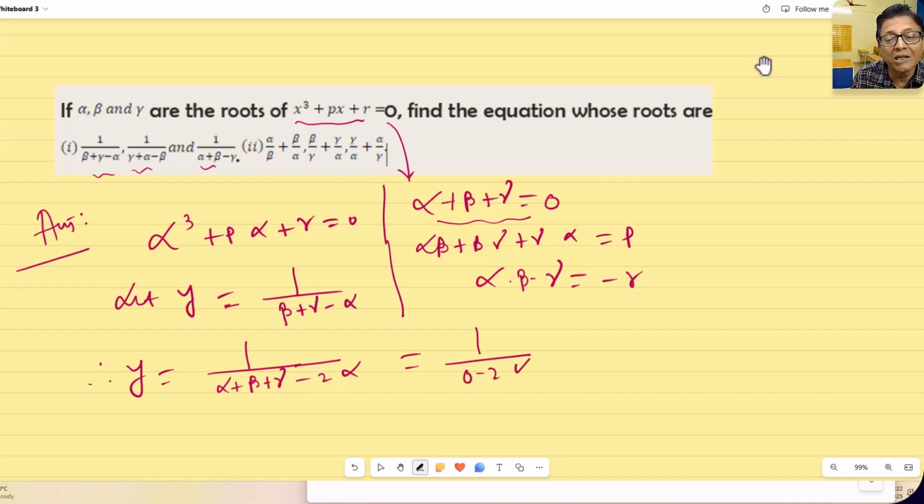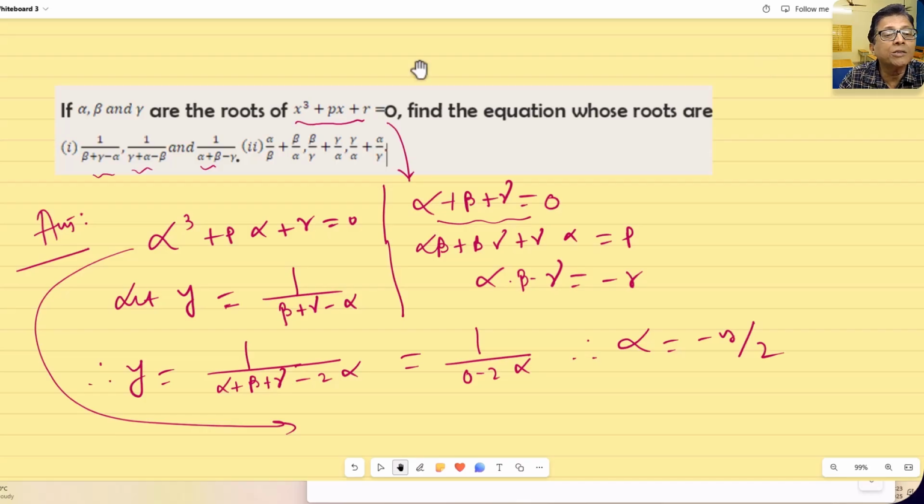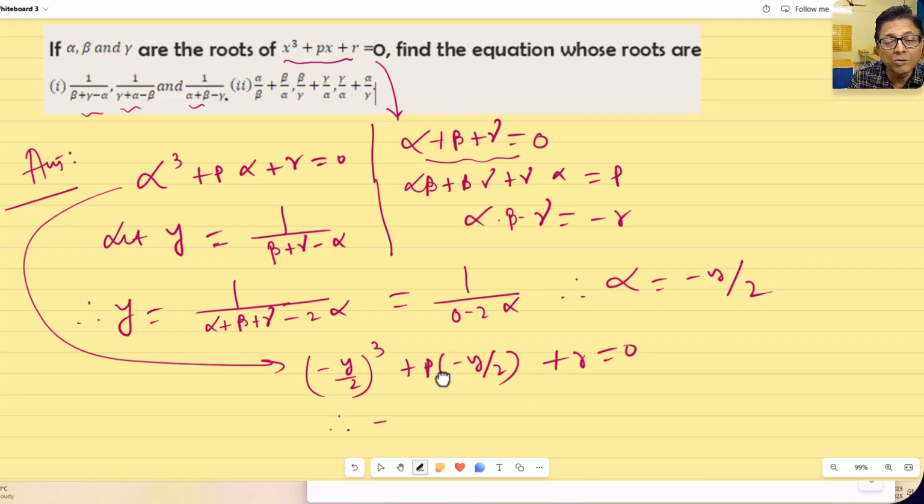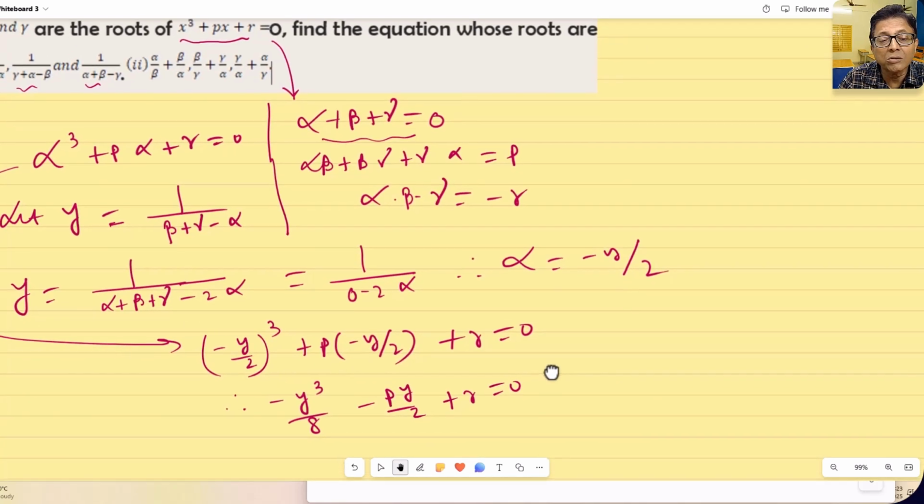So 1 by (0 minus 2 alpha). So alpha is going to be minus 1 by 2y. Now alpha satisfies the equation. So put alpha equal to that there. It will be (minus 1 by 2y) whole cube plus p into (minus 1 by 2y) plus r equal to 0.